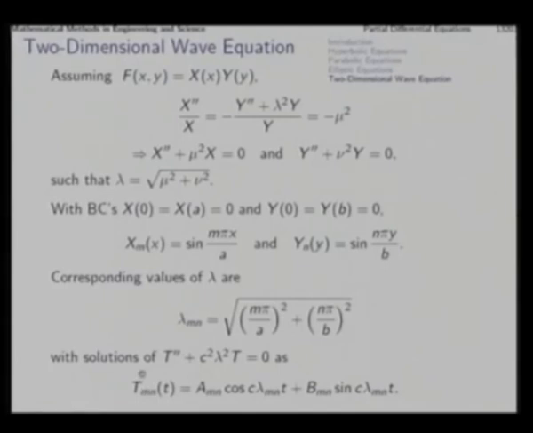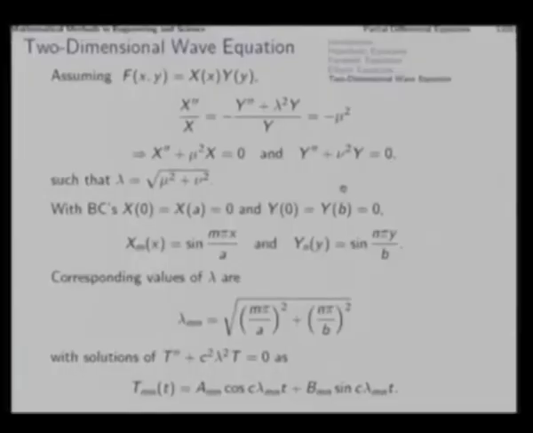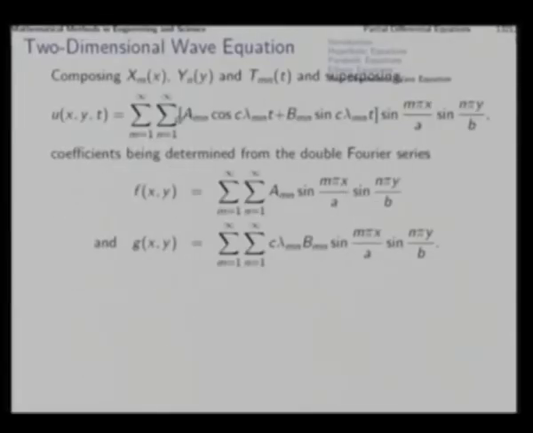Now, we find that X_m of x into Y_n of y and the corresponding T_mn of t, the product of these three terms, will give us one solution of the original differential equation that satisfies the differential equation and all the boundary conditions. So, we get the complete solution through superposition of all these solutions for different values of m and n.